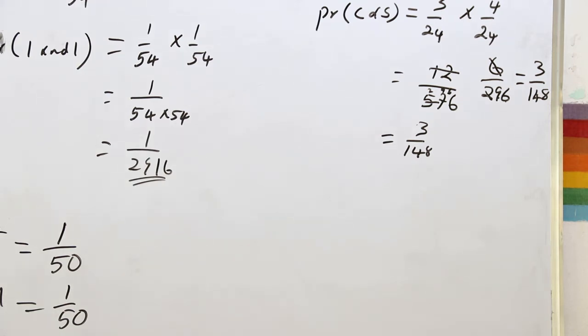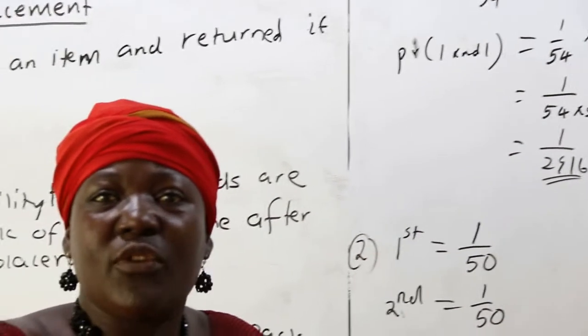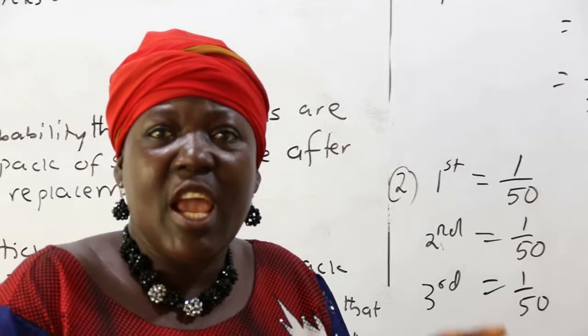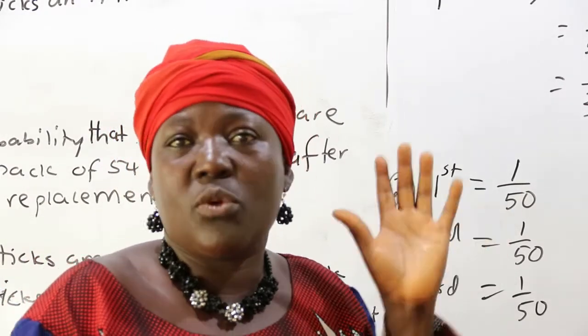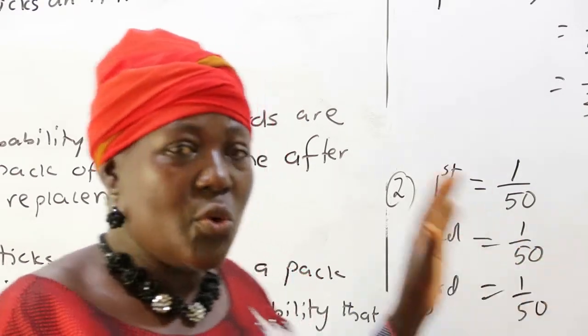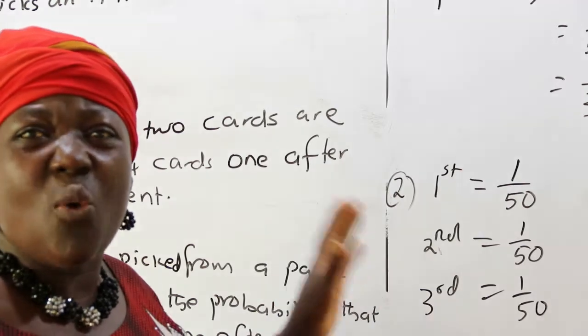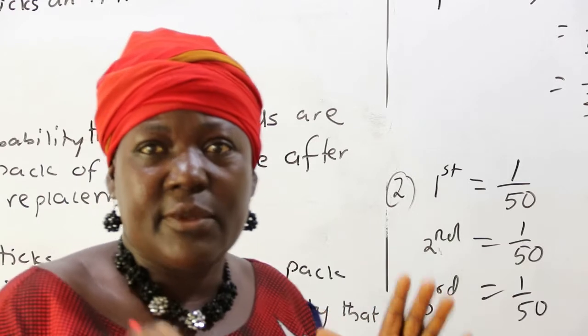Now, it can happen with any other event like that. So you have to take note of the language they use in any given probability. If you don't understand the language, that is where you begin to fail. But if you understand the language very well, you will not have problem with this one. This one is always a simple question that will save your time in any exams.